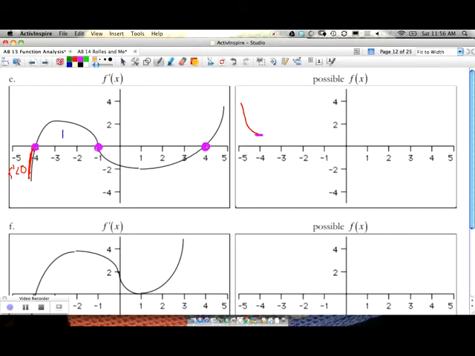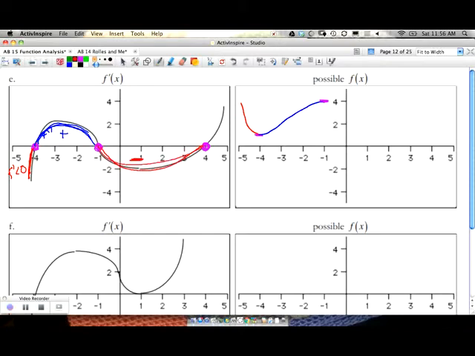Between negative 4 and negative 1, now we're going to be positive. F prime is positive here. That's all above 0. So that means we're going to increase until we get to negative 1, then we flatten out again. And then at negative 1, we're going to start to flatten out a little bit. And then the next piece here, now we're going to go back to negative.